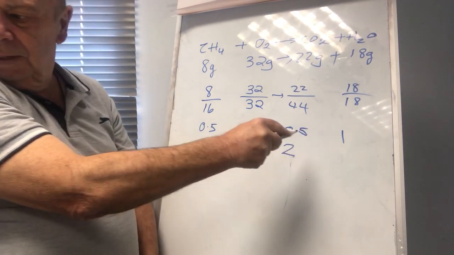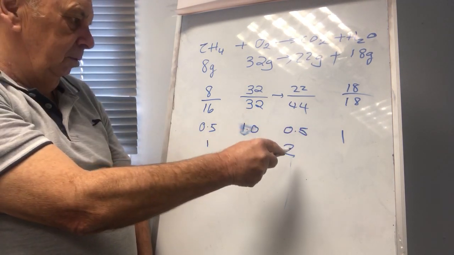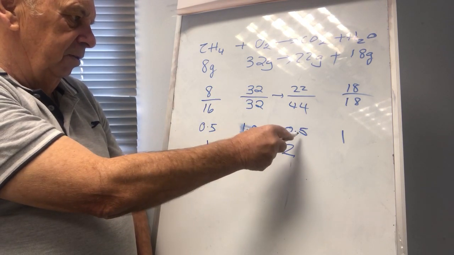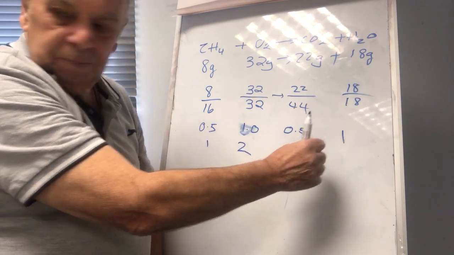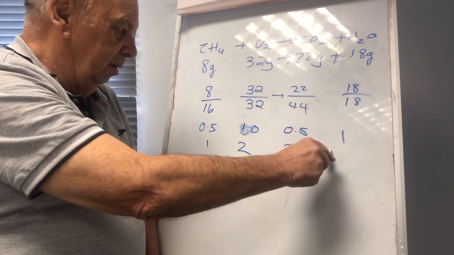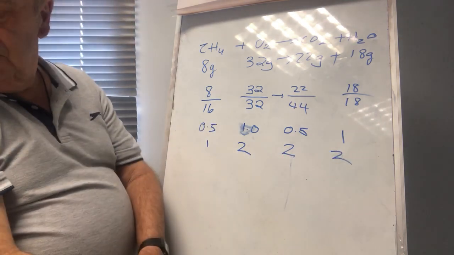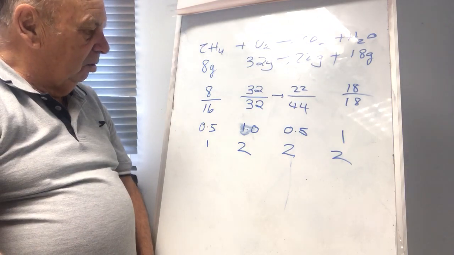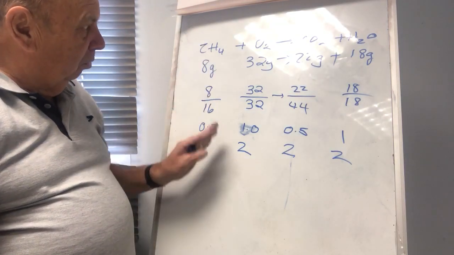I know I've made a mistake there. Sorry, that would be 1.5. Sorry, that would be, multiplying up would be 2. So therefore, when it comes to balance that equation, it's only one of those.